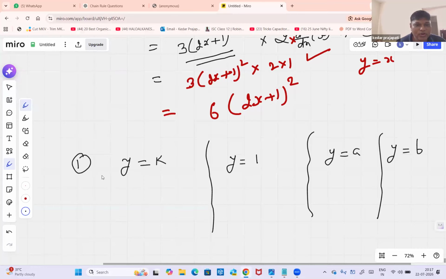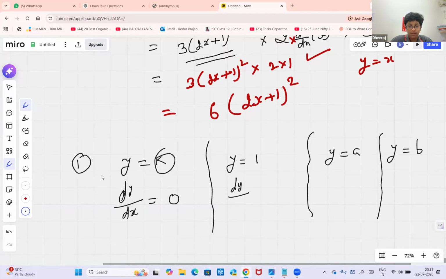See, what we have to find? We have to find the rate of change of y with respect to x. There is no x. So dy by dx, this is constant. There is no x. It is k. So it will be 0. Here also, if you are going to find the rate of change of y with respect to x, there is no x.